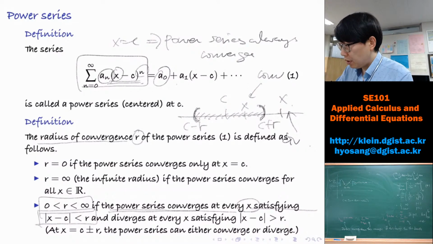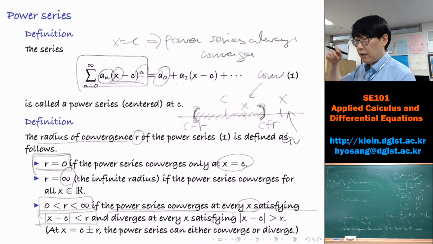So what happens at the boundary? At the boundary, the series could converge or it could diverge. We don't know; we have to check it directly by looking at the series. However, we also allow R to be 0 or infinity. When R is 0, the power series only converges at x equals c.